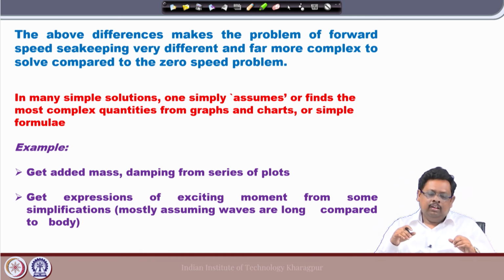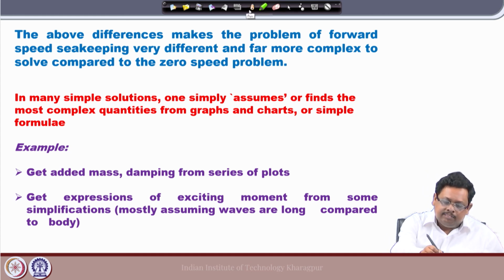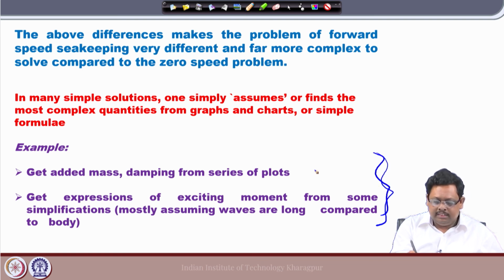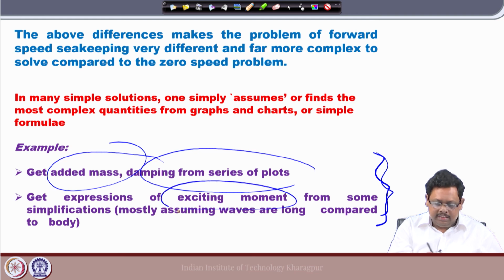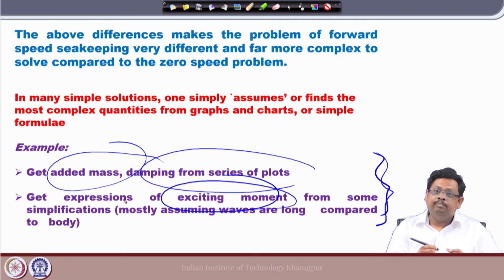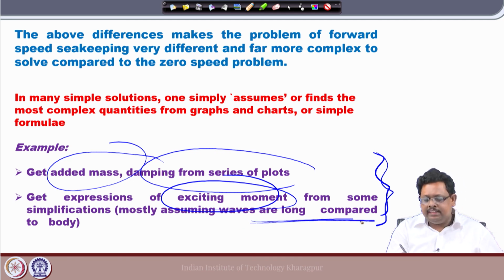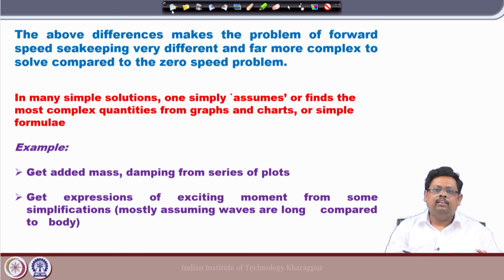We are going to discuss these two things: how we get the damping and added mass coefficients from the charts, and how to write the exciting force and moment assuming some simple physics. We also need to understand where I should apply this and where I should not.